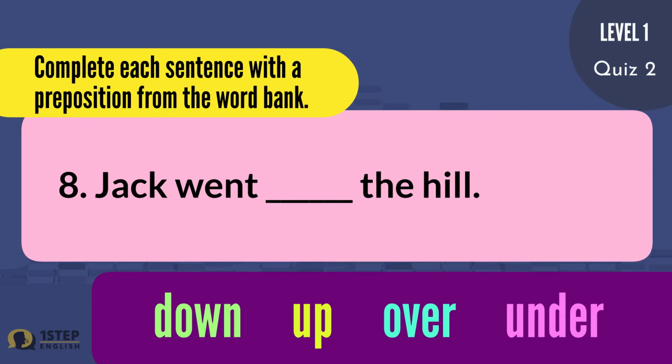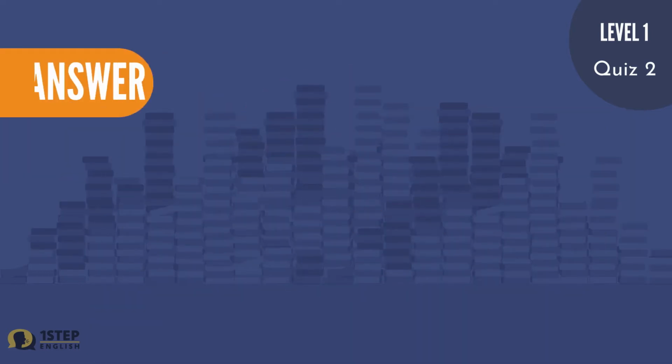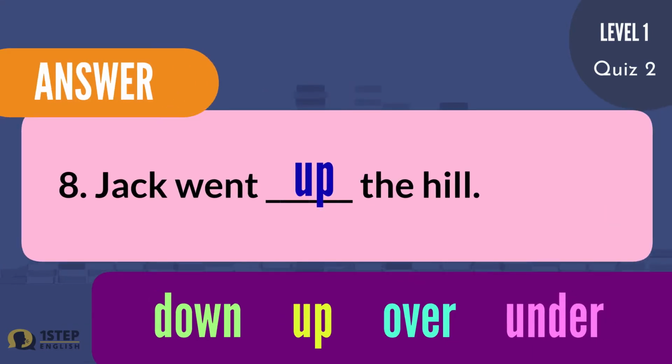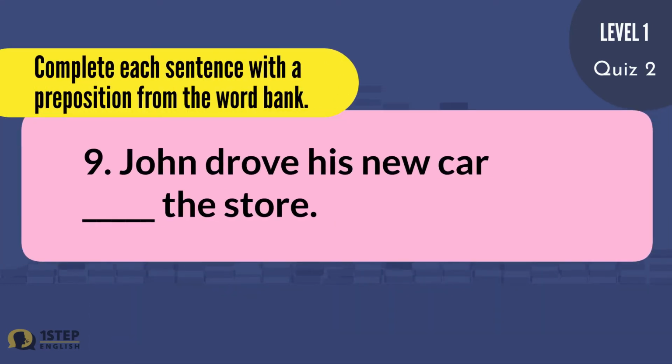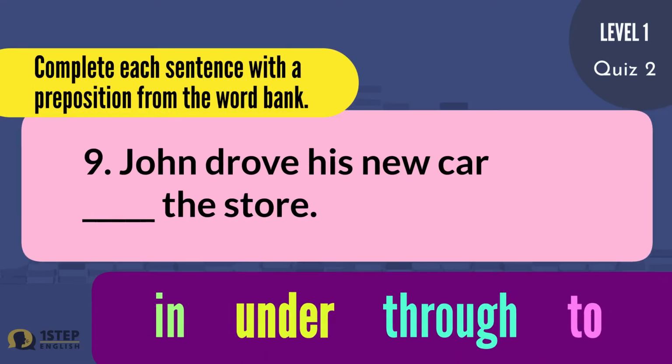Number 8. Jack went blank the hill. The correct answer is up. Jack went up the hill. Number 9. John drove his new car blank the store.